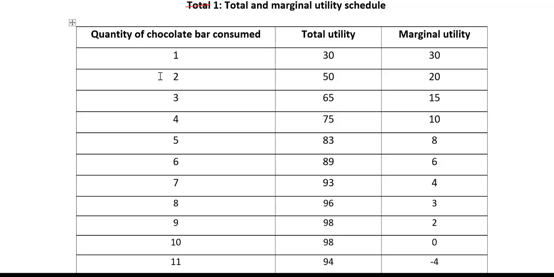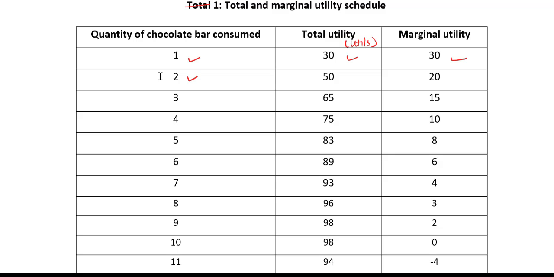When the consumer has consumed the first chocolate, because the intensity of demand was very high, the need was very high, the total utility he has achieved is 30 utils. All of you know that utility can be measured in utils, and marginal utility is also 30, that is 30 minus 0.